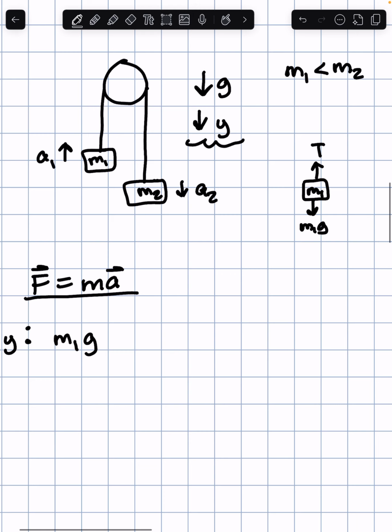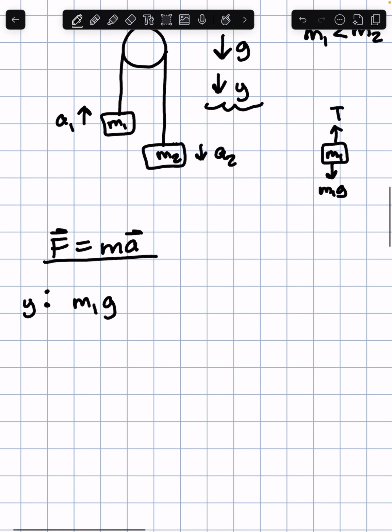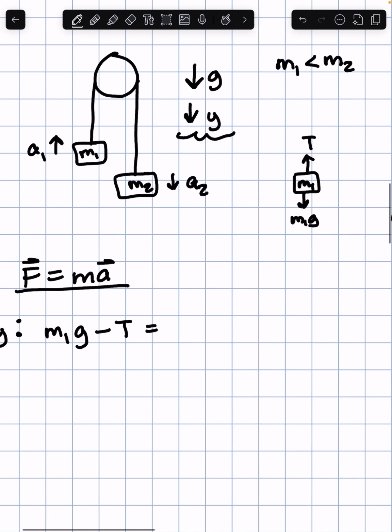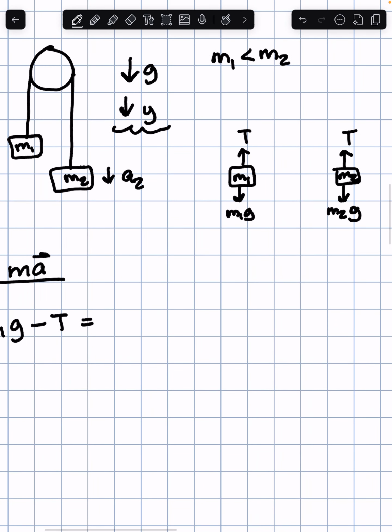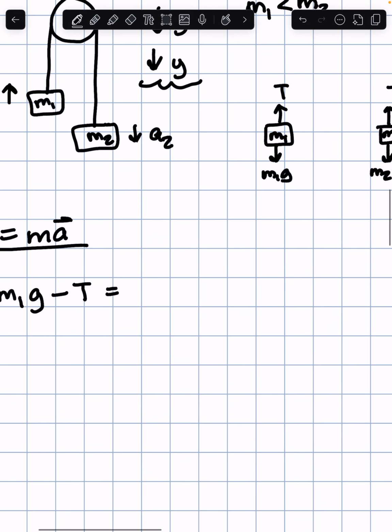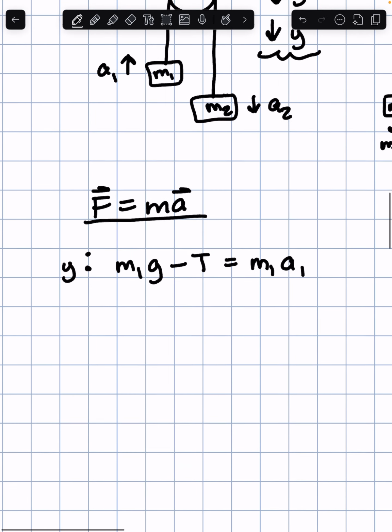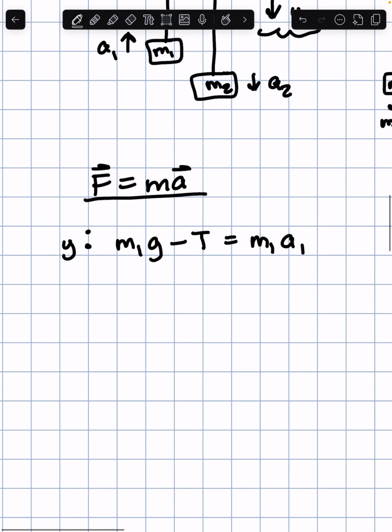Sometimes you will hear these referred to as retarding forces. I will be referring to them as resistive forces. So let's write minus T, and let's write that these will equal M1a, or M1a1.